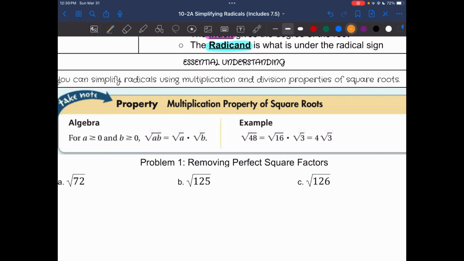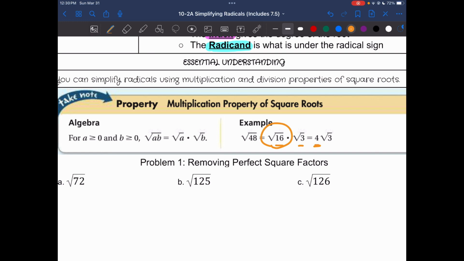Our example here is the square root of 48, which can be broken down into 16 and 3. Those are two of the factors of 48. We can take the square root of 16, which is 4, and the square root of 3 just stays the same because there is no perfect square in there.